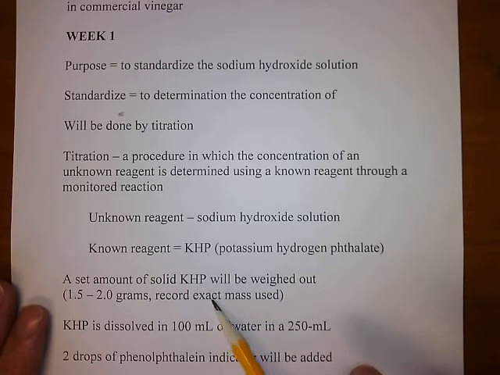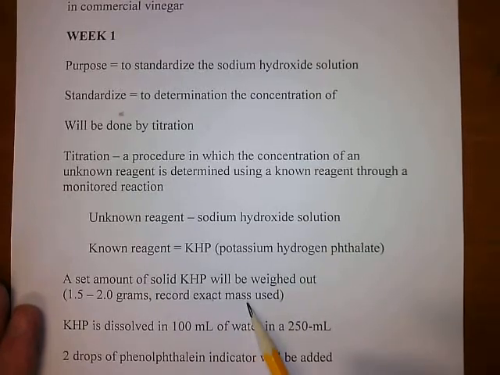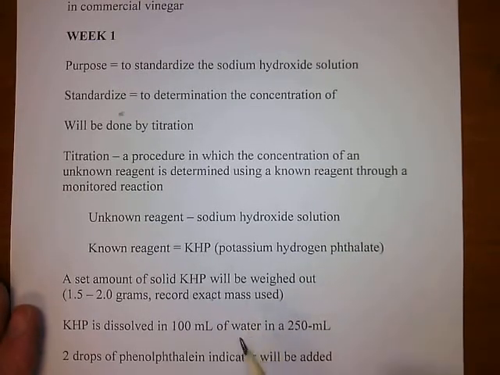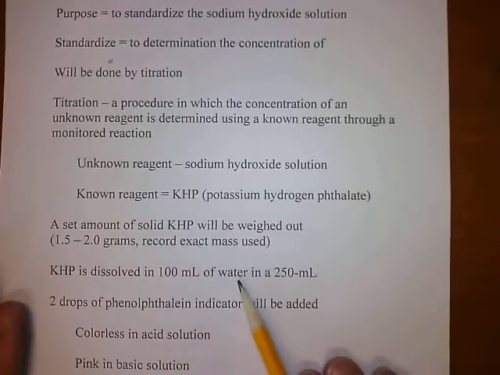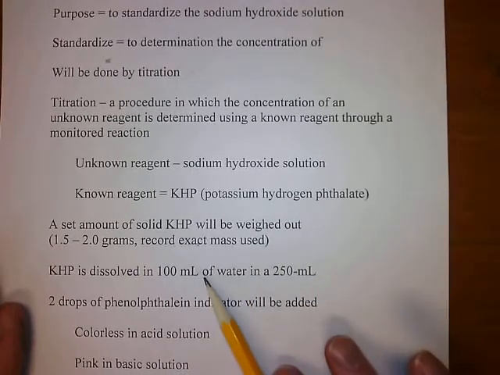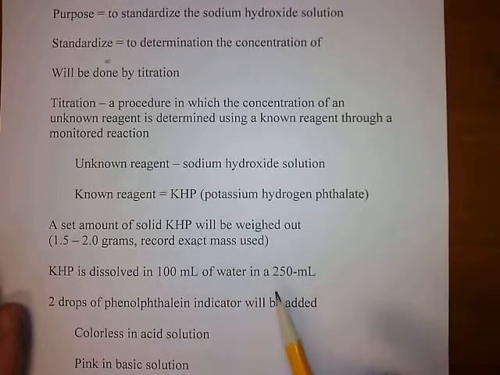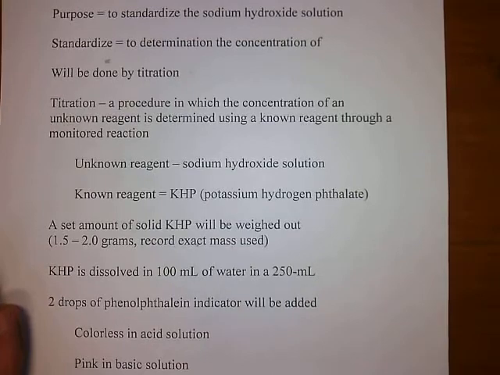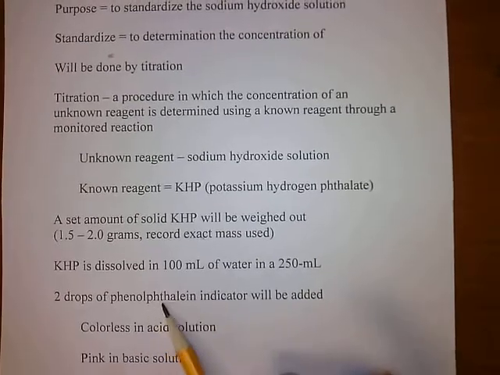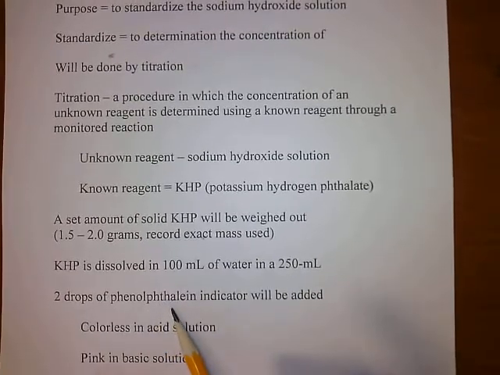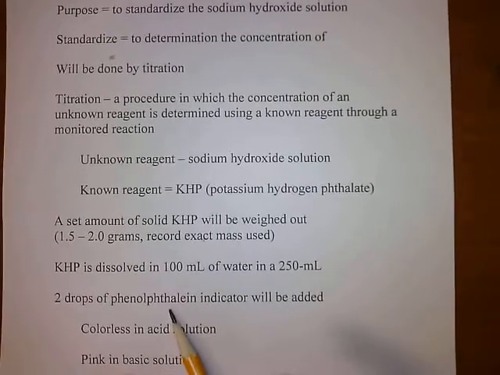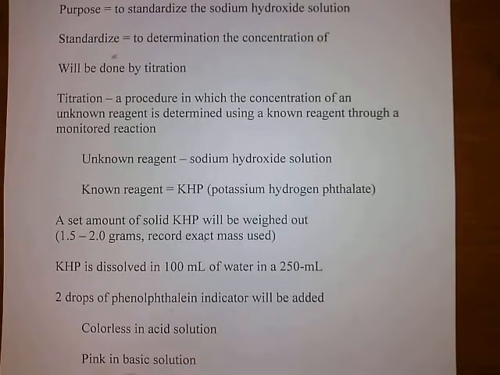So you want to record this mass to every decimal place the balance gives you, which should be to 3 places past the decimal. So you're going to dissolve the KHP in 100 mL of water in a 250 mL flask, and then you're going to add 2 drops of phenolphthalein indicator.